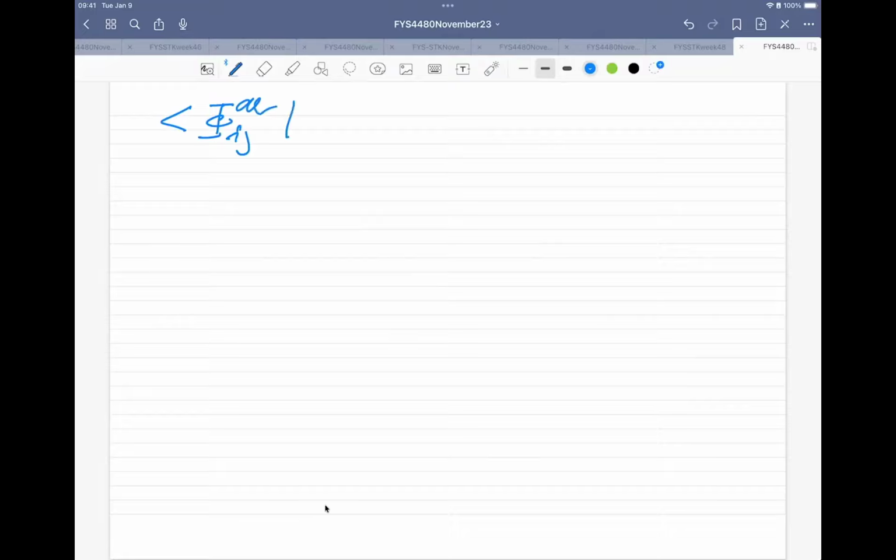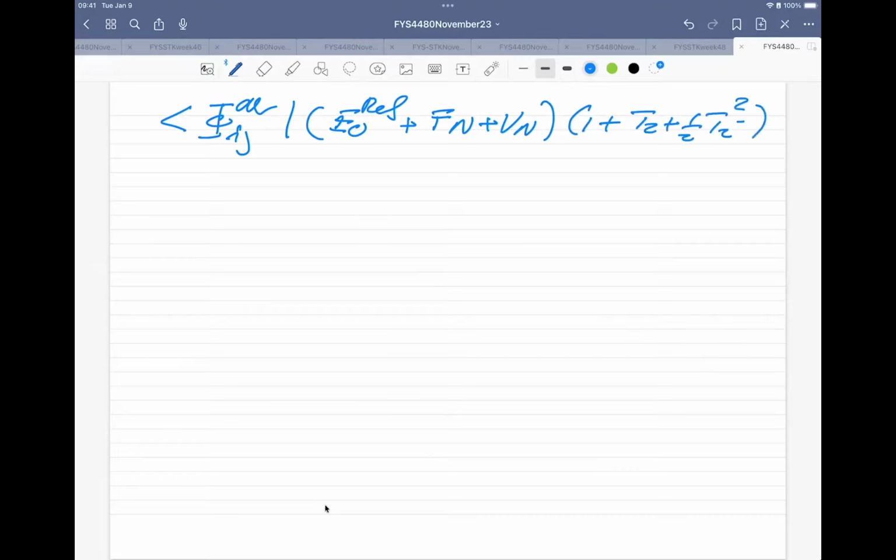In this case, we have a reference energy, which is just a constant, plus the 1-body operator, plus the 2-body operator. And then we have this expansion of 1 plus T2 plus 1/2 T2 squared, etc., multiplied with phi 0.